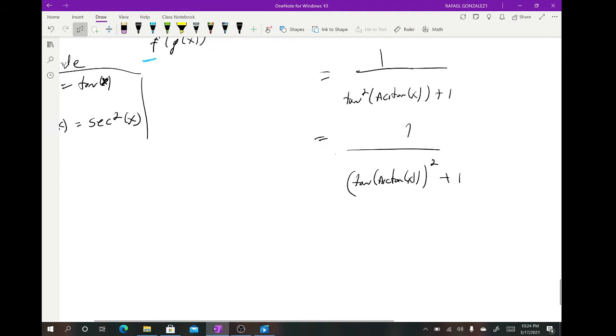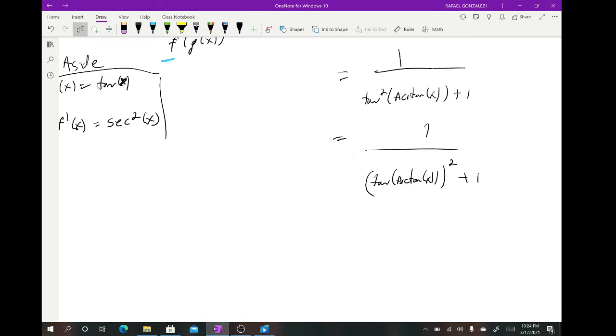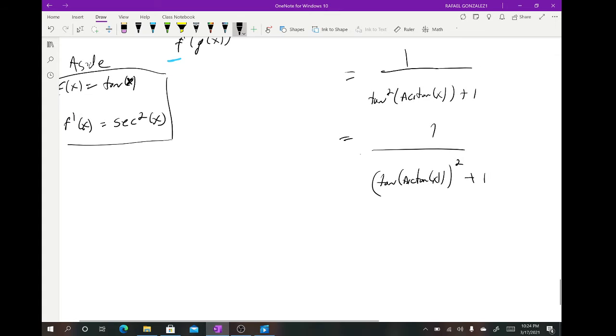But now is where I ask you to invoke the powers of your memory. Way back when you learned what an inverse of a function was in pre-calculus, you learned that if you have f and you evaluate it at its inverse, then essentially what you get back is simply x.